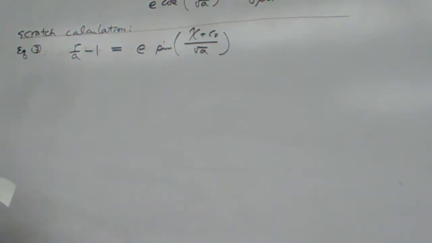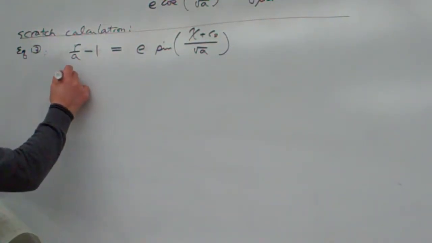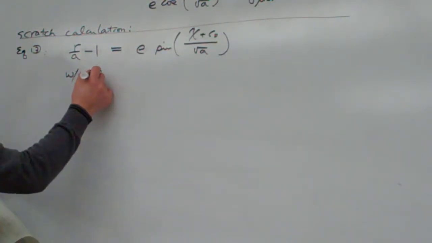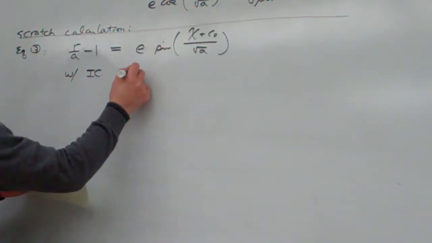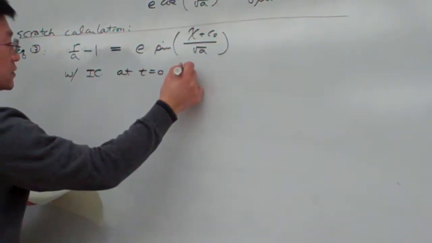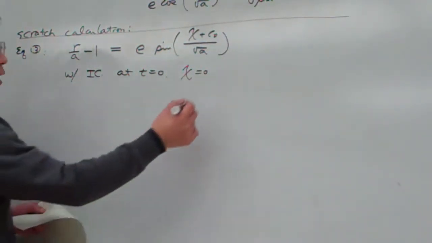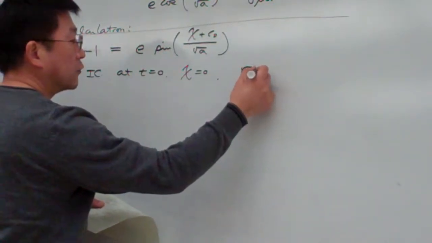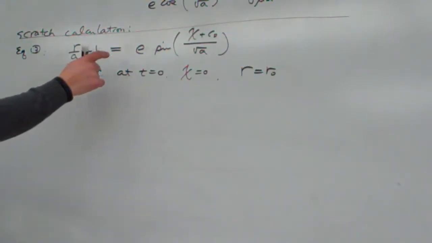So from here you can see, for this case, the initial conditions are at t0, C equal to 0. That is from our definitions. And then we have R equal to R0. Okay, we simply plug in this information here.